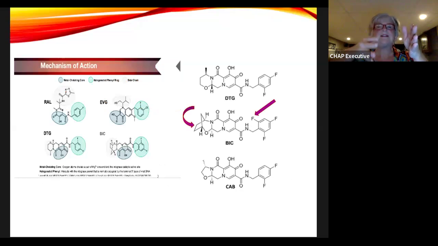Bictegravir is the tightest, followed by dolutegravir, then followed, kind of halfway between a second generation and a first generation, by cabotegravir when it comes to this ability to fit in the active site. But it's this flexibility and this chemical structure that has helped us have such potent second generation drugs.